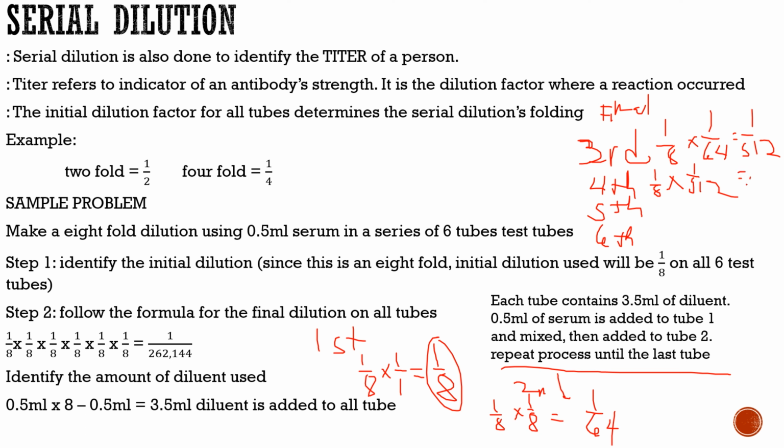You get 4096. 1 is to 8 times 1 over 4096, you get 32768. And then 32768 times 8, ang 6 mo would be 1 is to 262,144. So, ganun siya ka-diluted class.